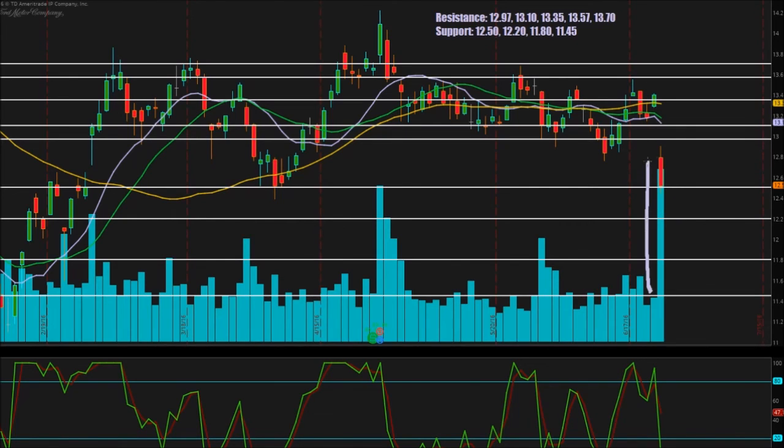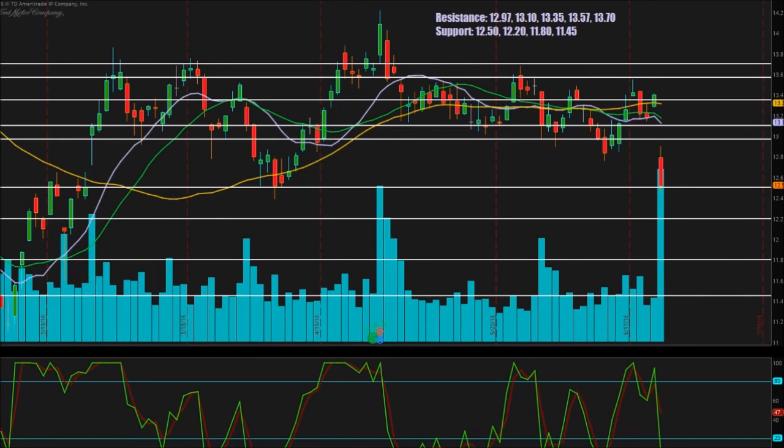I mean, look at all the volume it took to bring this thing down to this support level. And though, yeah, we did break two support levels, we did bounce off here. Not quite bounce off, but we didn't break it. So it's going to take a lot of volume to break this support level. So I think worst case scenario, if we sell off on Monday, is maybe we go down another 2.5% or so.